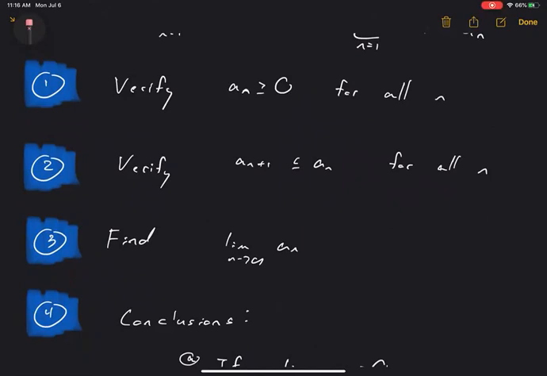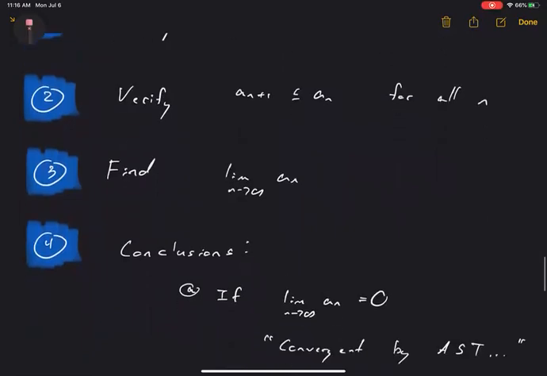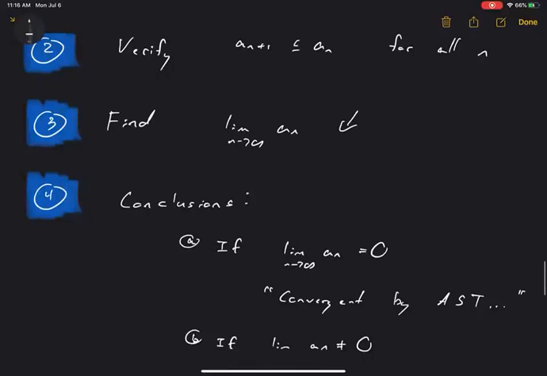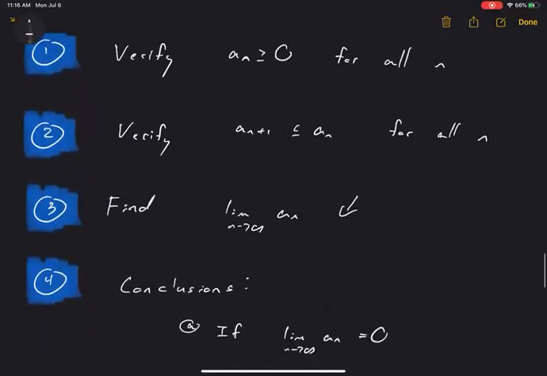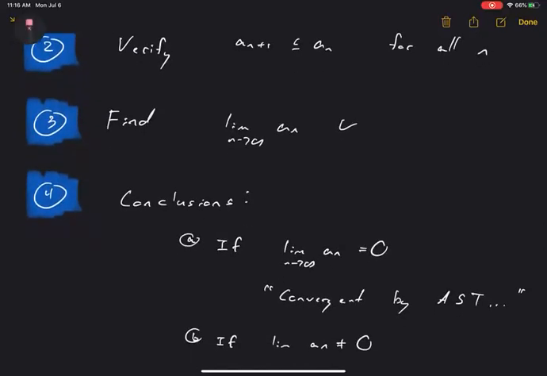Then I verify that my numerical terms are decreasing for all n. And then I need to find the limit of an. And whether my series converges or diverges is really going to depend on what this limit is. So I find this limit. And then once I do these first 3 steps, I'm ready to make my conclusion.